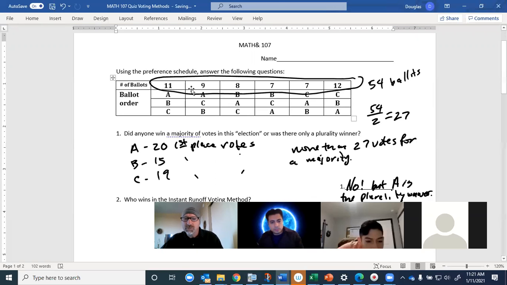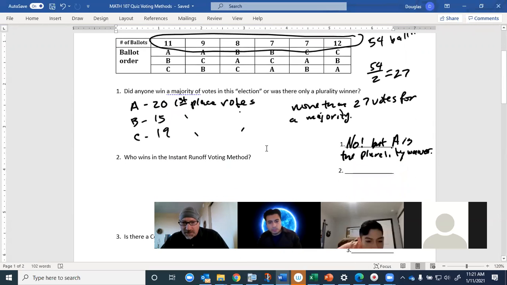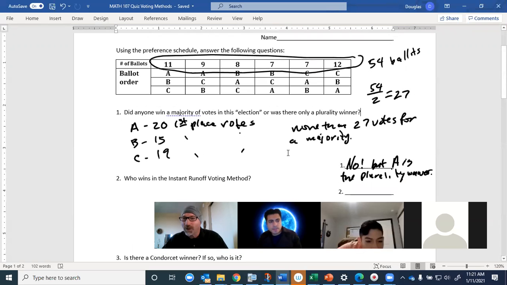Now, voting reform is going on in lots of places, and I will say this about voting reform in general. Often, it's the people who lose the election that want to reform how the vote goes. It's very common. If you have a group that loses an election, they want to see how can we make that different?